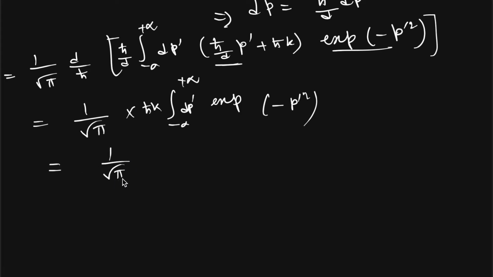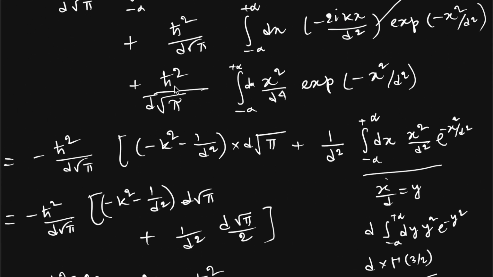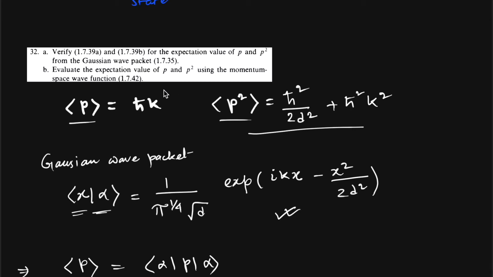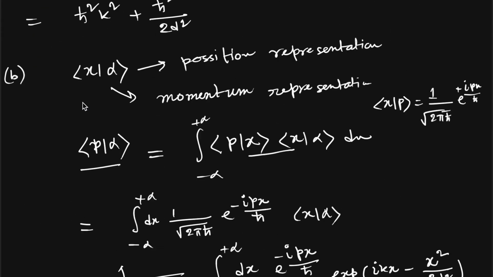So 1 by root pi into h cut k into root pi gives h cut k. So we have again seen that the expectation value of p for this wave function in momentum space is also h cut k.